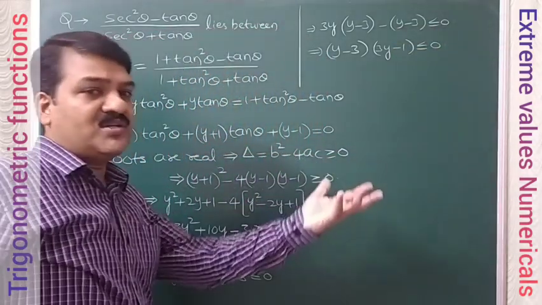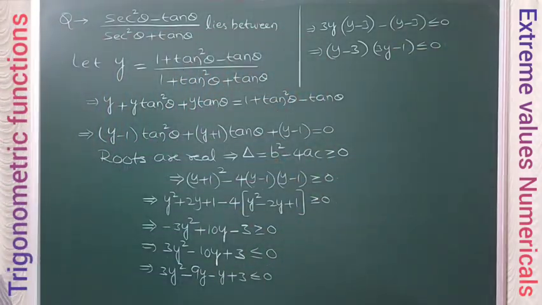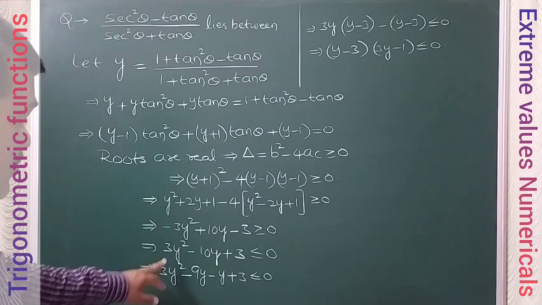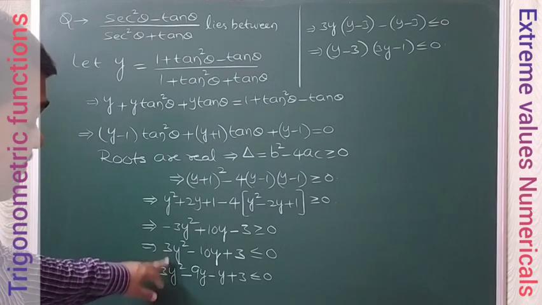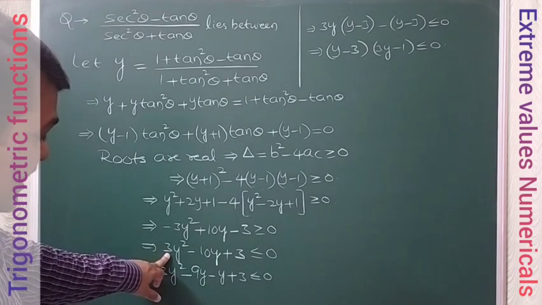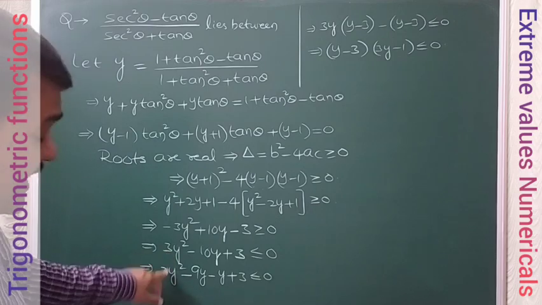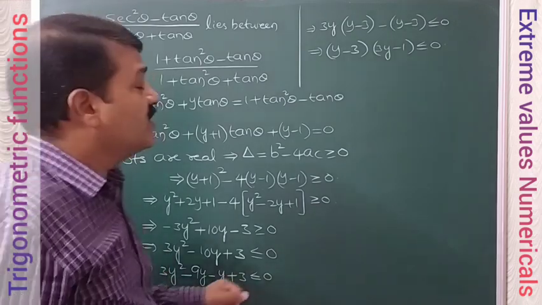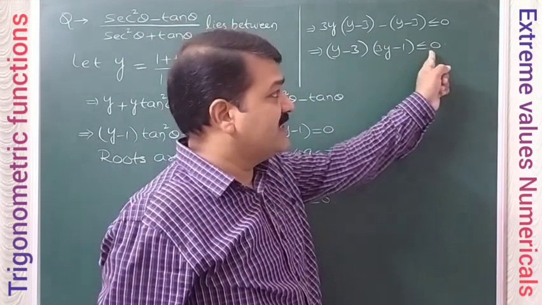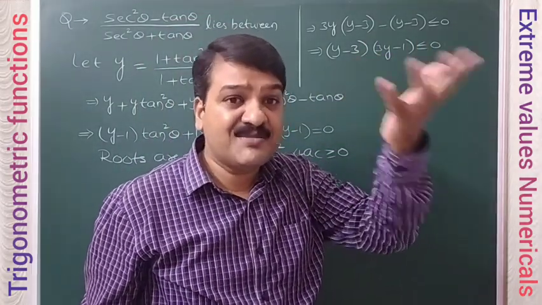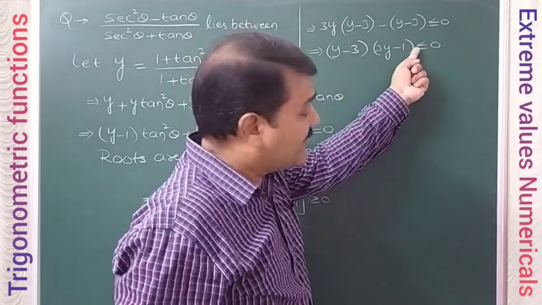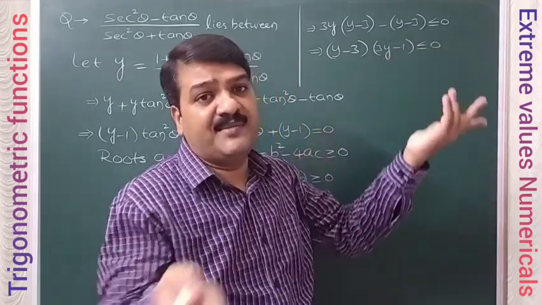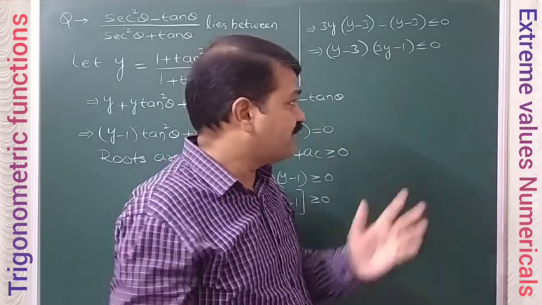So we have a simple shortcut for writing the solution of this inequality. We try to keep this quadratic term, or second degree term, positive. Whenever the less than symbol is there, we take lies between the roots. Whenever the greater than symbol is there, does not lie between the roots. Simple shortcut.